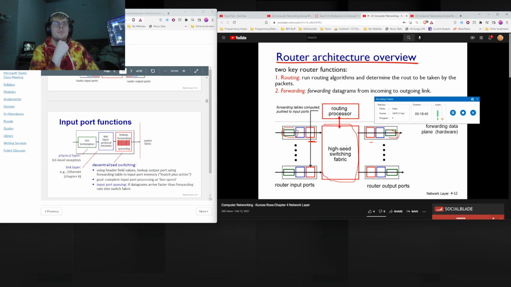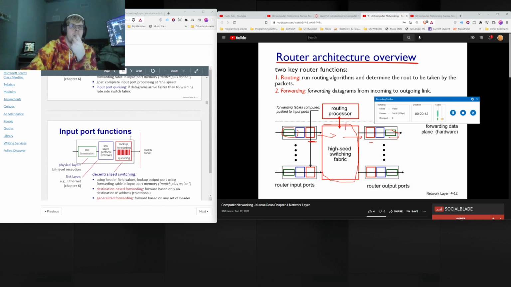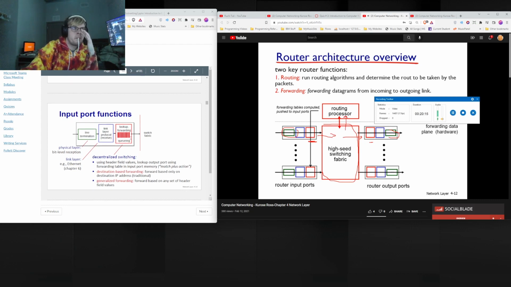Basically it performs the lookup and forwarding function so that the packet can be forwarded into the switching fabric. So the packet can be forwarded to the switching fabric of the router and it emerges at the appropriate output port. Then control packets, for example, packets which carry the routing protocol information, are also forwarded from the input port to the routing processor.